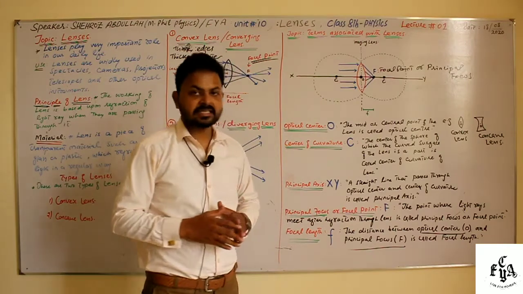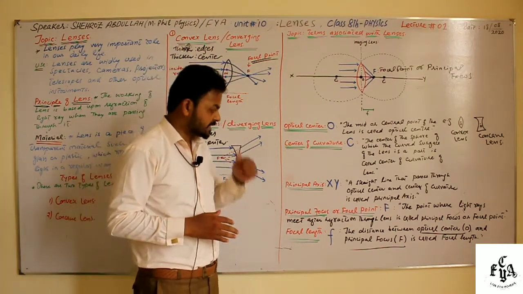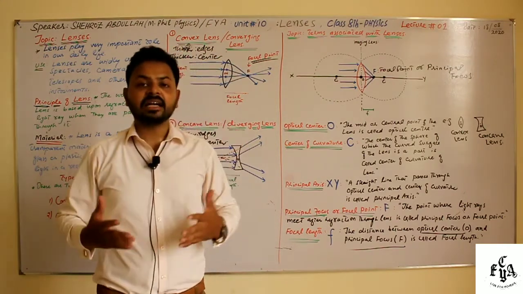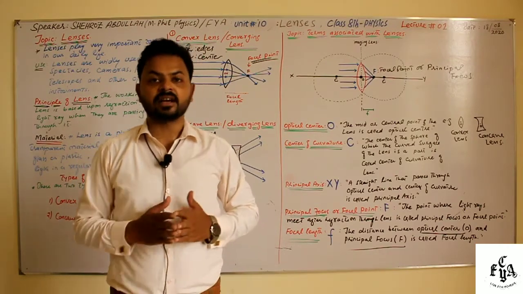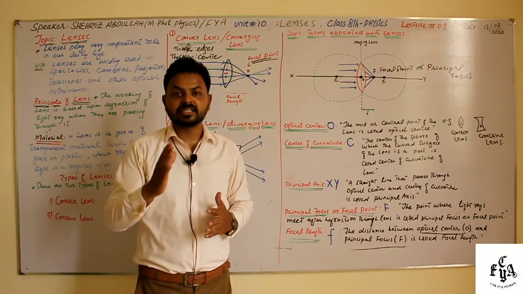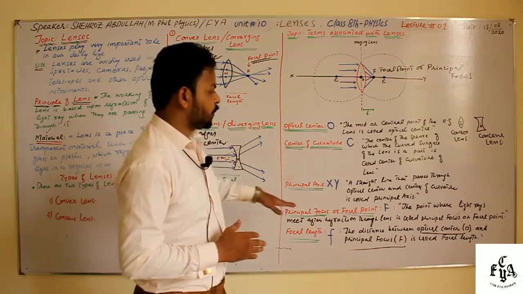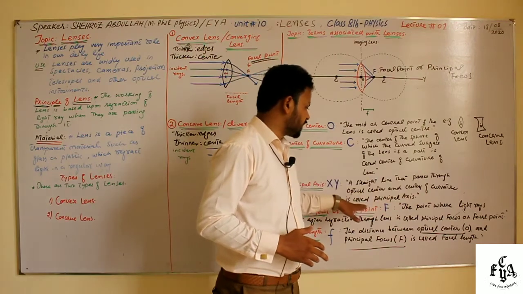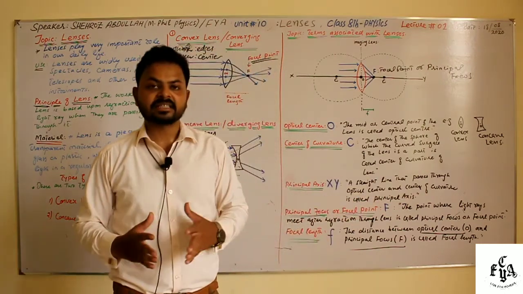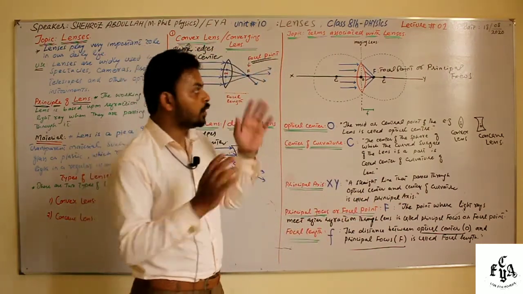Then we have the principal axis XY. The straight line that passes through the optical center O and the center of curvature C is known as the principal axis. It is represented by XY. Now look at the diagram.